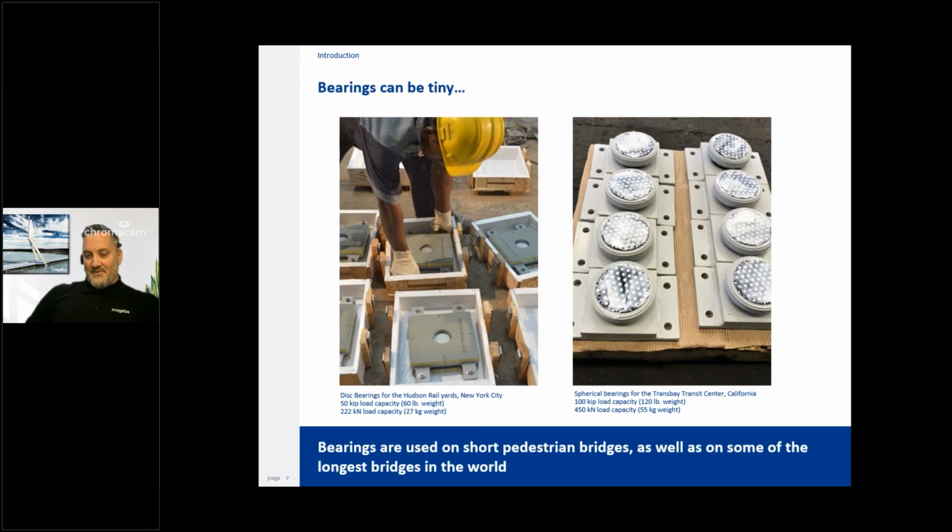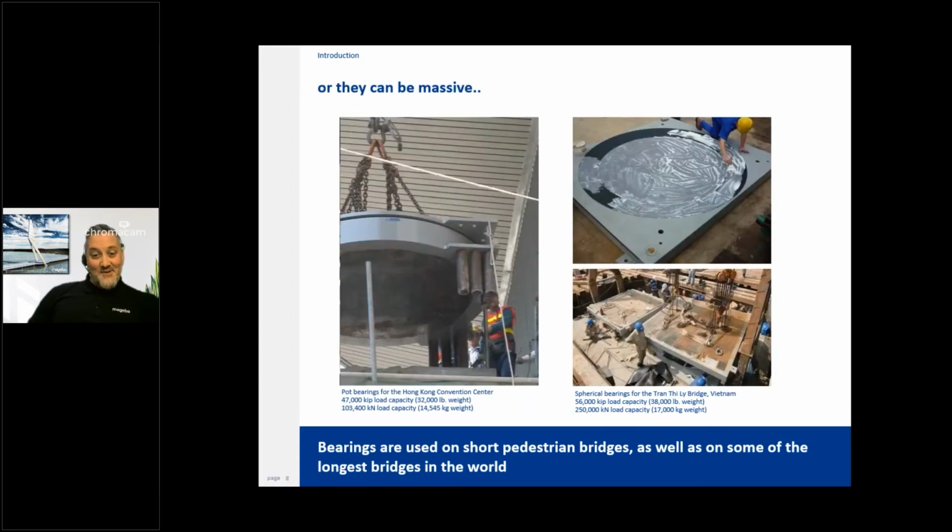So significant capacity even for their size, but just to give you an idea of the low end of the spectrum. And then on the other side, bearings can be very, very large. Something like this taking 1,000 tons and being a couple of meters in diameter. So bearings can certainly also get very large.